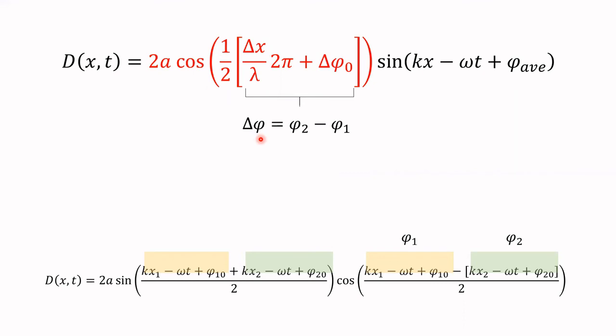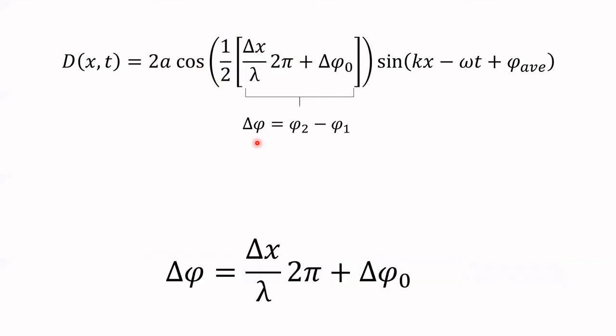If the peaks of one wave line up with the peaks of the other in space, then we say that the phase difference is 0, or 2 pi, or 4 pi, etc. If the peaks of one wave line up with the valleys of the other, and you get maximum destructive interference, then this overall phase difference would be pi radians, or 3 pi, or 5 pi, excuse me. Pi, 3 pi, 5 pi, an odd multiple.